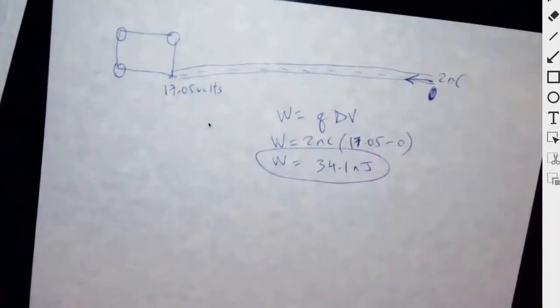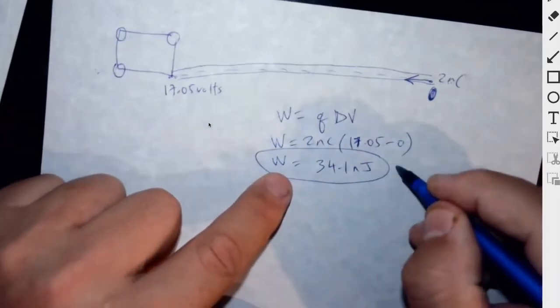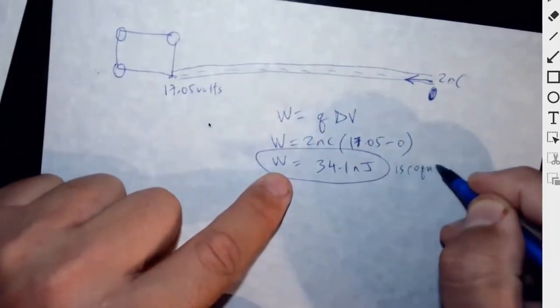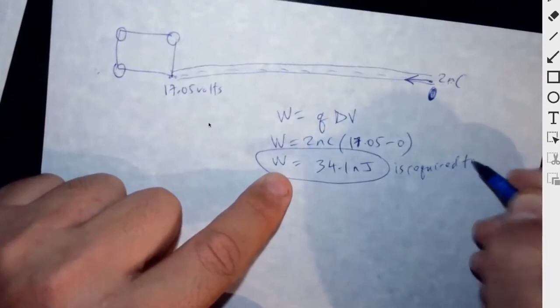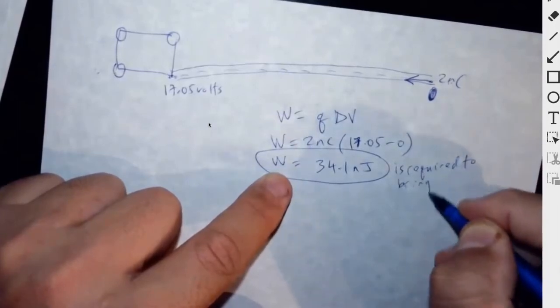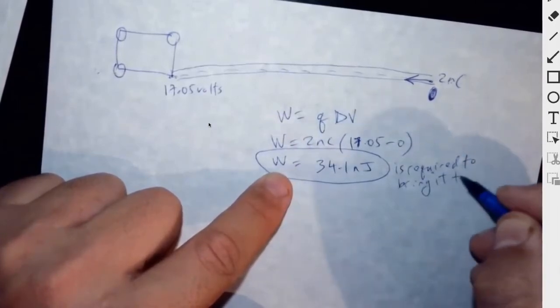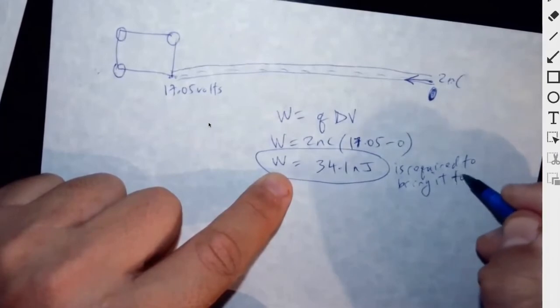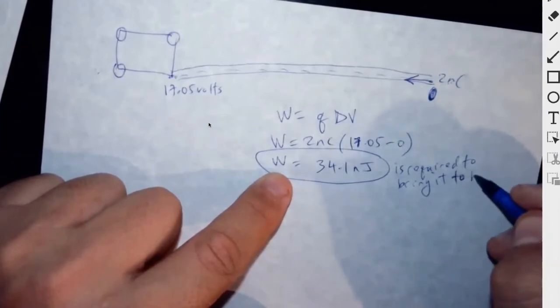That's how much work we're going to have to do. So the answer to that question is that it wouldn't want to come on its own. We're going to have to force it, and this much work is required to bring it to the bottom right corner.